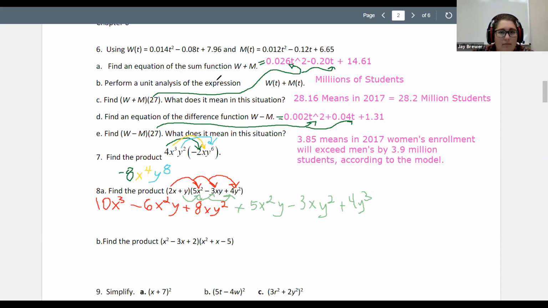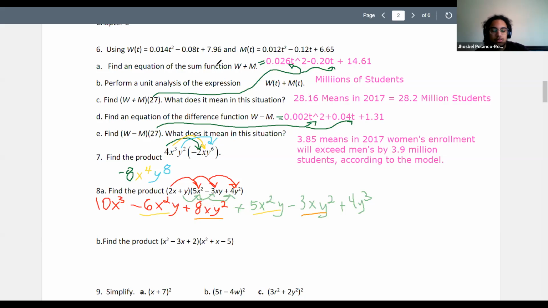Take a look at what you have on your paper. Take a look at what I have on the screen. Does anything look like it is similar? Yes? Good. Okay, so maybe this one goes with this one. And this one goes with this one.